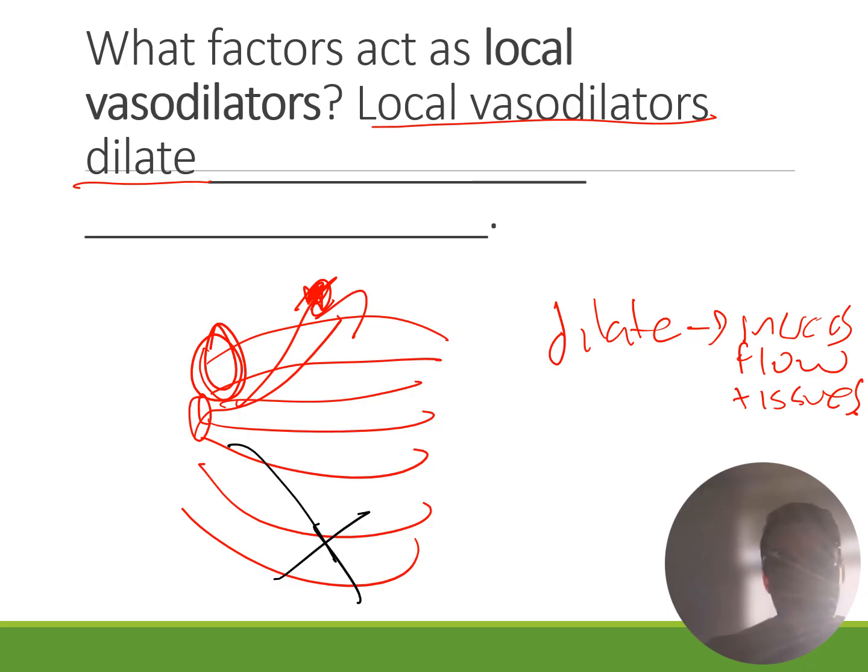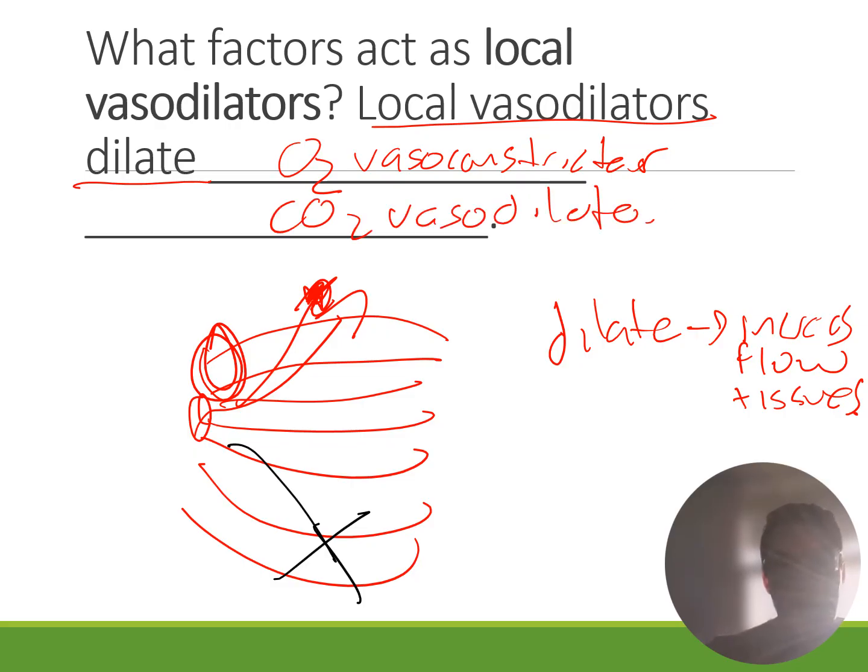If we have more oxygen in this section, will we vasodilate or vasoconstrict? Oxygen will be a local vasoconstrictor, and CO2 will be a vasodilator.